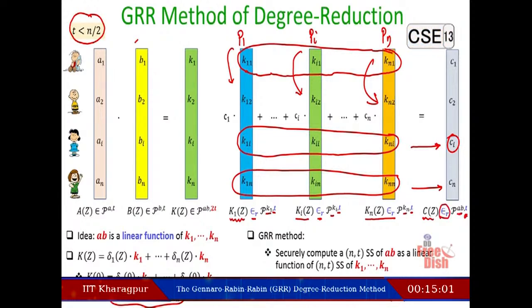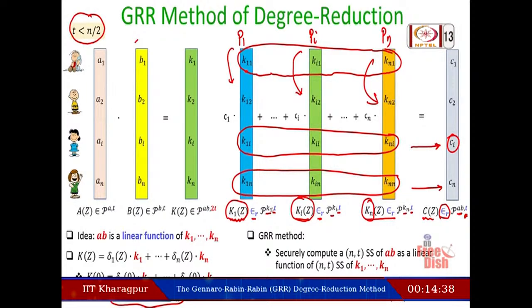That means all its coefficients except the constant coefficient are random elements. Why so? Because each of these polynomials k1, k2, ki, kn, which are picked in the individual instances of Shamir secret sharing, are random polynomials, of course, except the constant coefficients.